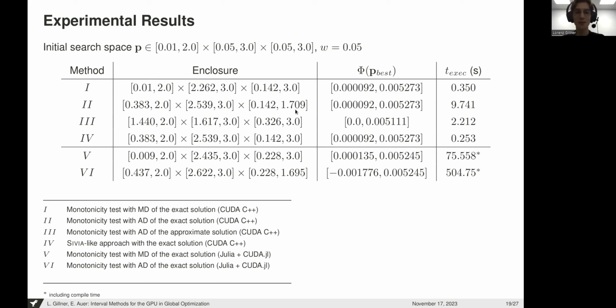Also interesting from my view is that the Sivia approach, which is method number 4, yields almost the same results as the approach with the automatic differentiation of the exact solution.